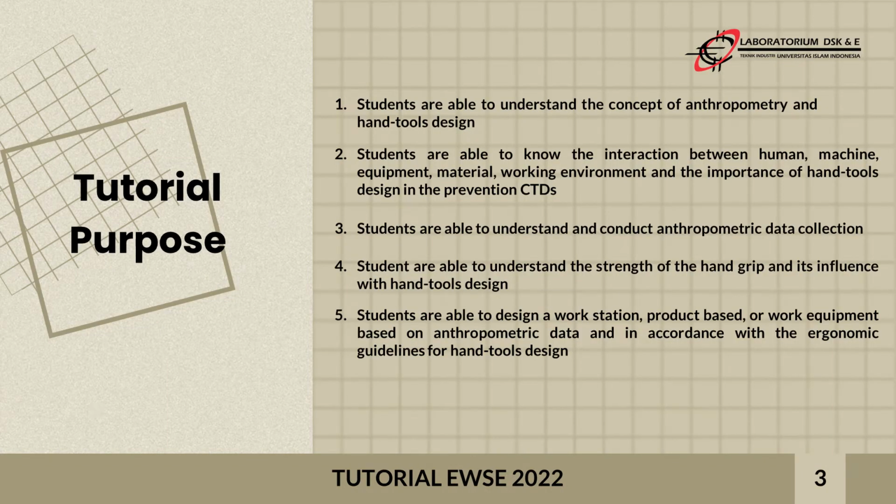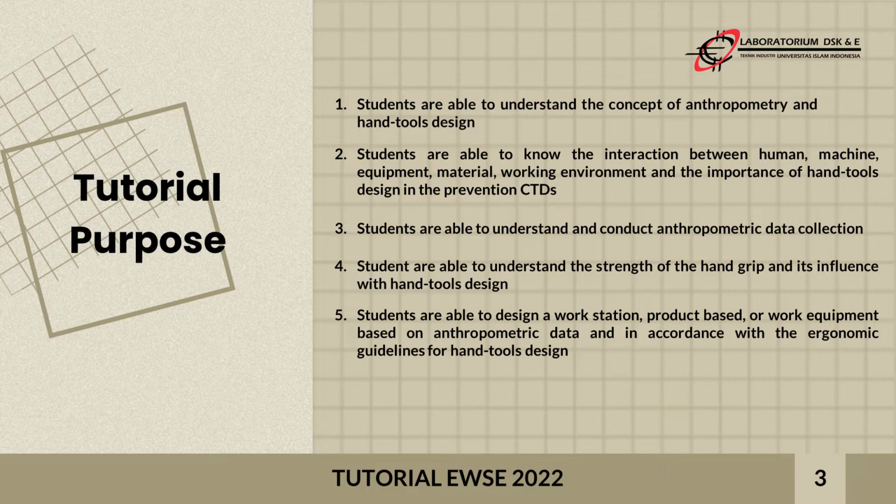Here is the purpose of learning anthropometric and hand tools design, namely: first, practicants are able to understand the concept of anthropometric and hand tools design. Second, practicants are able to know the interaction between humans, machine, equipment, work environment, and the importance of hand tools design in the prevention of CTDs.